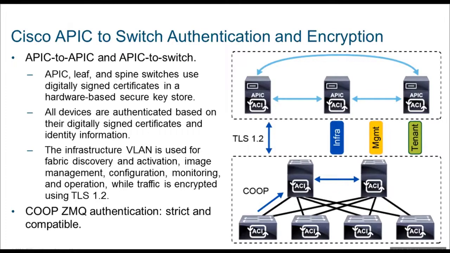Remember, the leaf switches learn about the endpoint. That information has to be sent to the spine switches. That's where this protocol comes in. You can see the blue arrow there showing COOP.